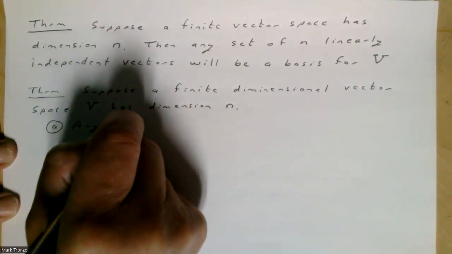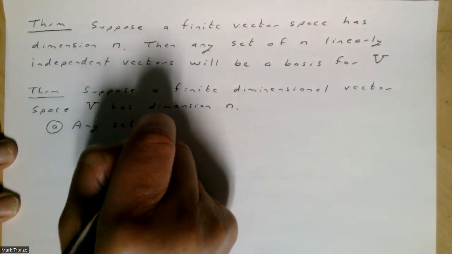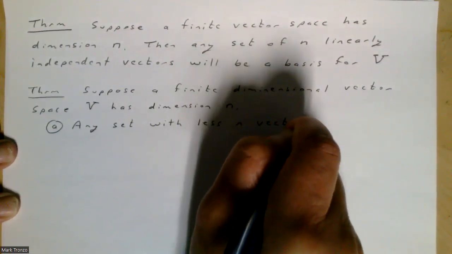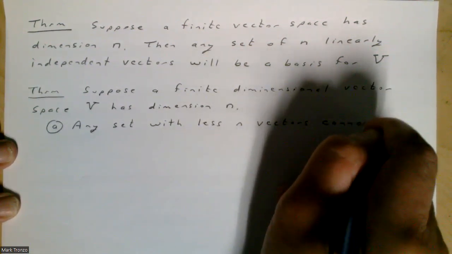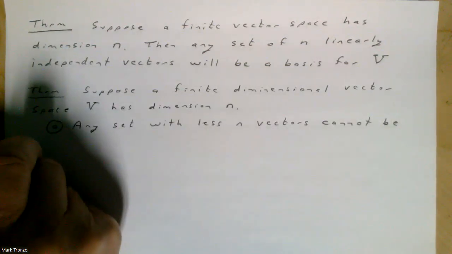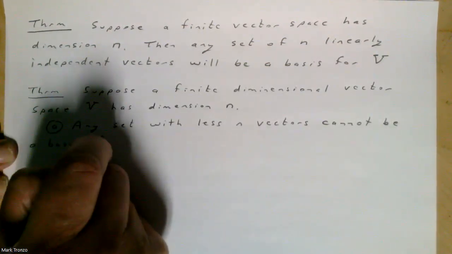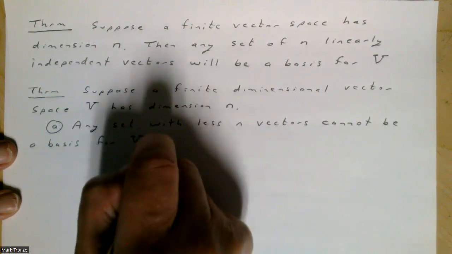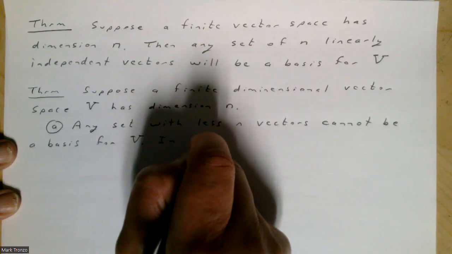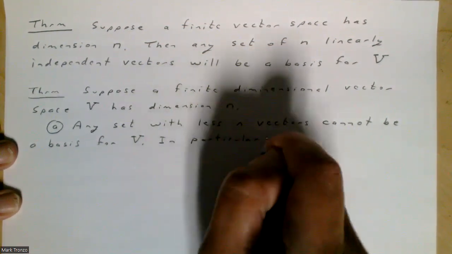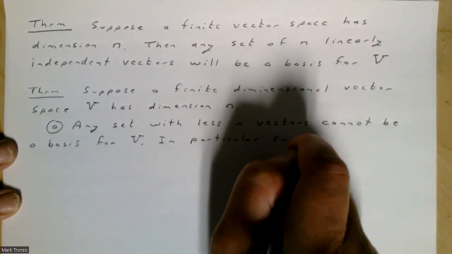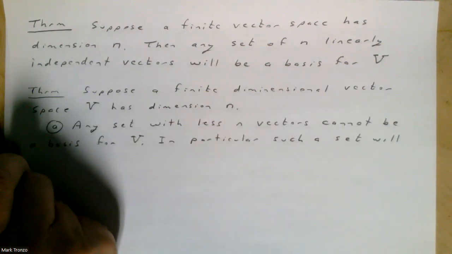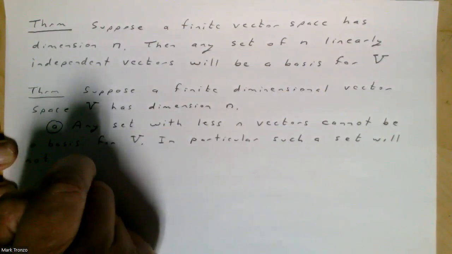A, any set with less than n vectors cannot be a basis for V. In particular, such a set will not span V.